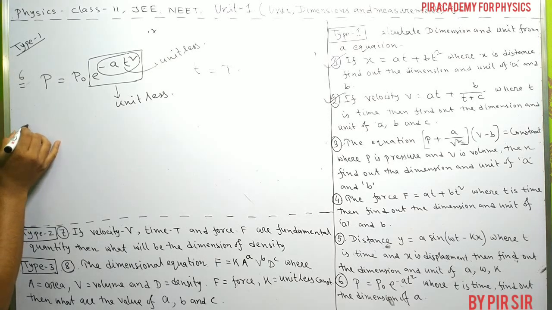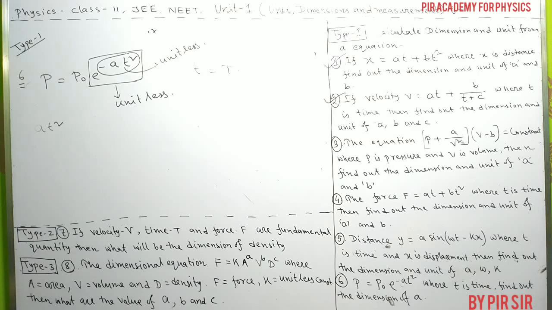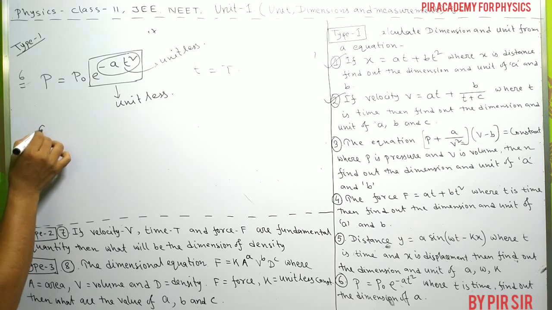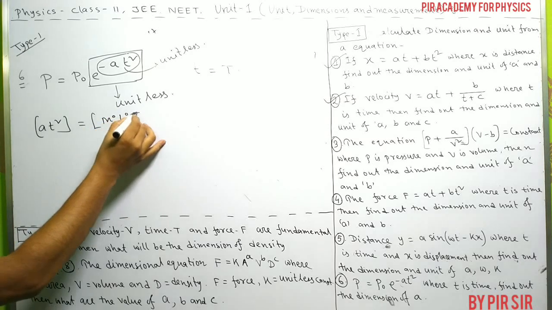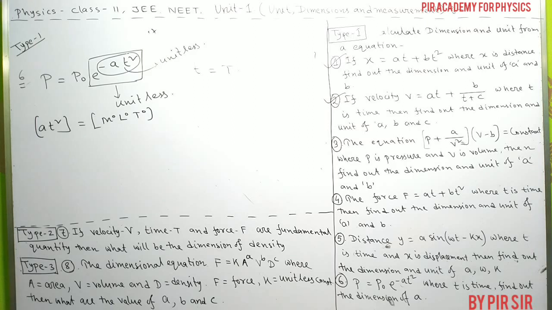So the dimension of a t square must be unitless, because this is only a number, e to the power 2, e to the power 3, e to the power 5, only a number.